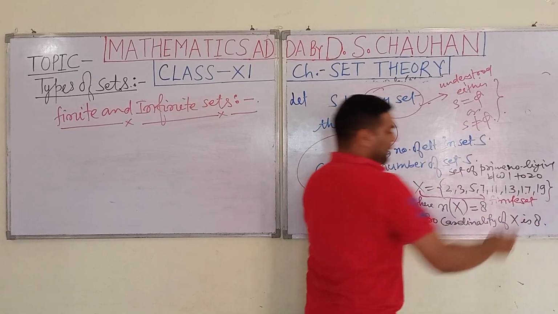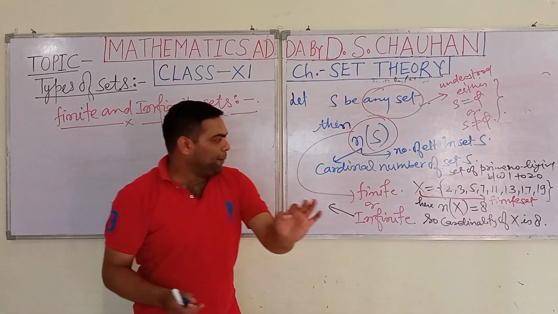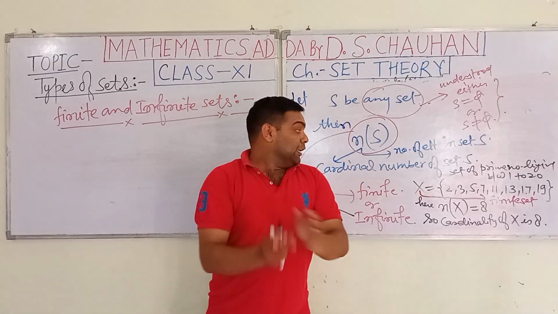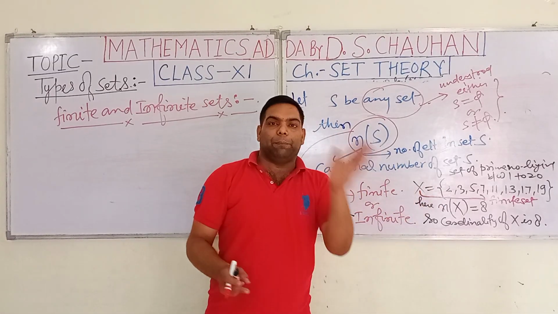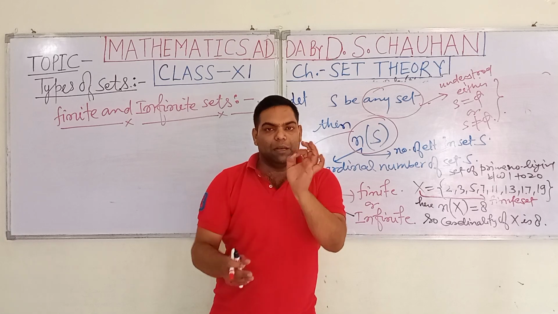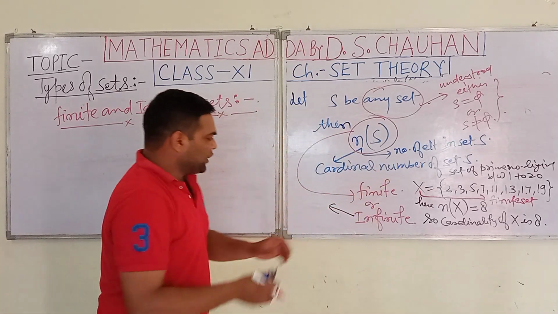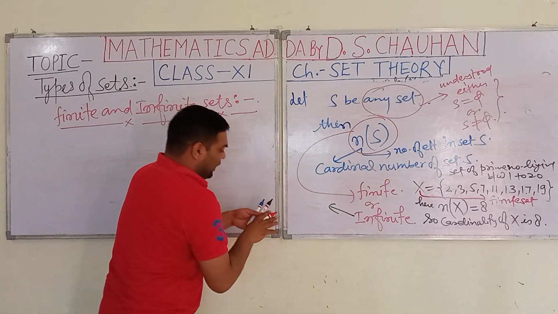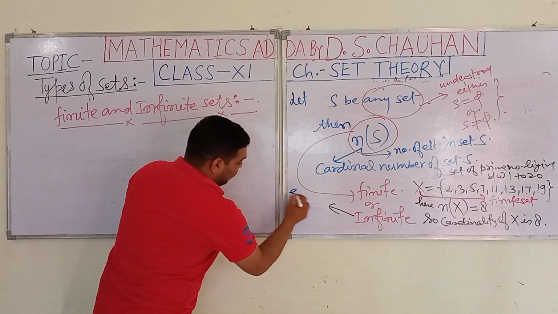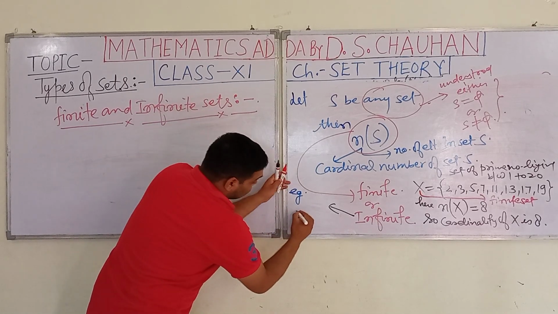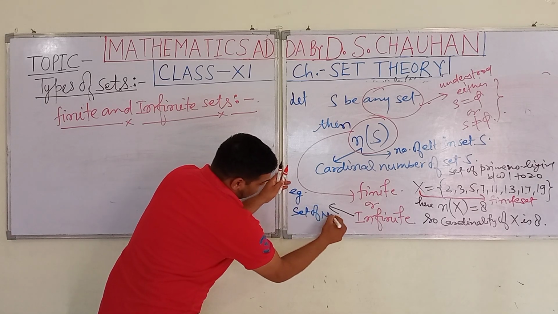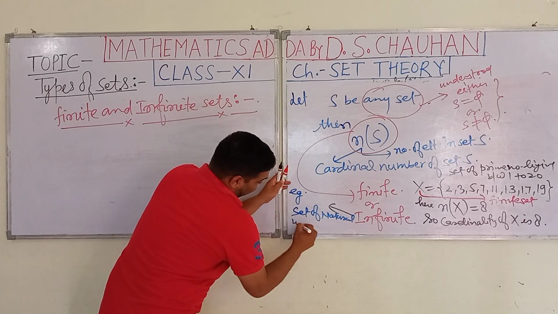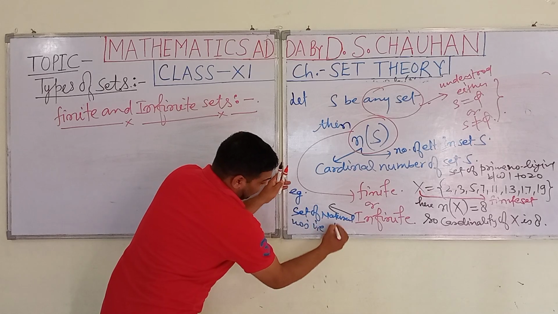Well students, now to understand this set, see here the cardinality of set X is 8. 8 is a countable number. Being countable, this set X is a finite set. Which set is said to be finite? If the elements of a set are countable, then it is finite. Otherwise, it is infinite.